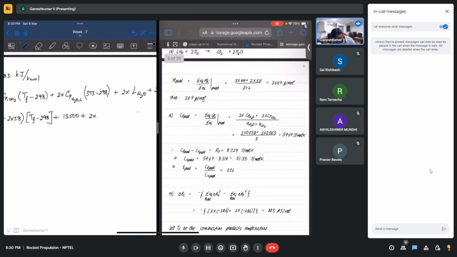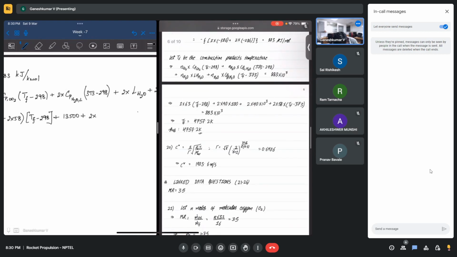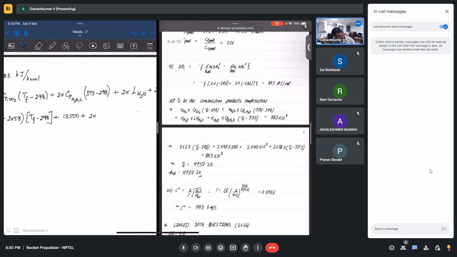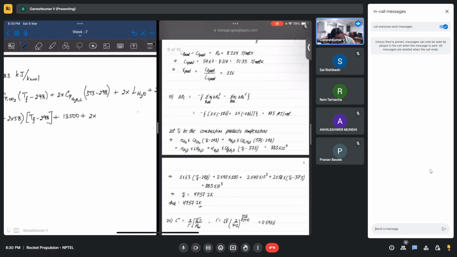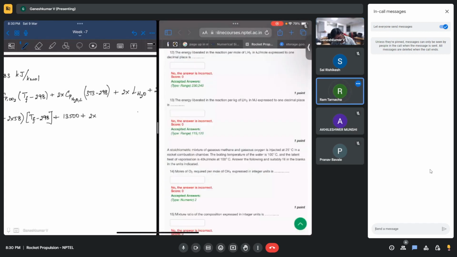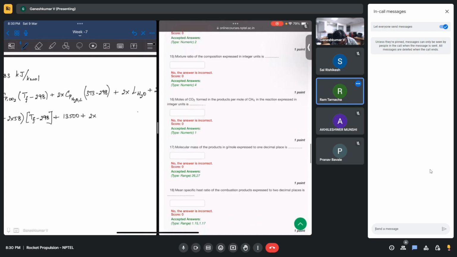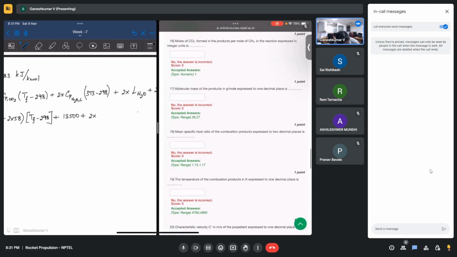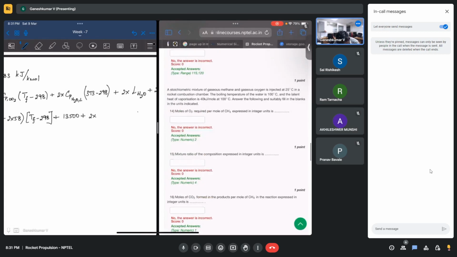Okay, what did they do in here? Here they took it to be 40 into 10 power 3. It should be given somewhere here only. It's given in another question. So vaporization is 40 kilojoules. So 40 into 10 power 3 kilojoules.